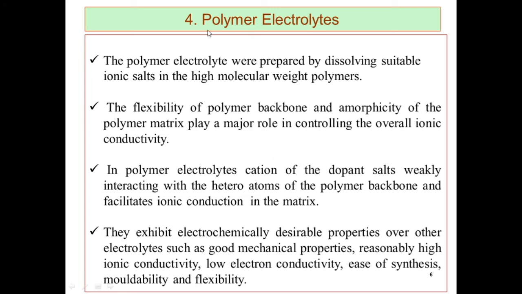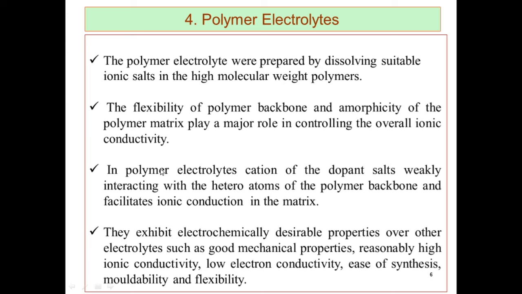The fourth case is the polymer electrolyte, which is a very important category. The polymer electrolyte is generally prepared by dissolving a suitable ionic salt in a high molecular weight polymer matrix. The flexibility of the polymer backbone and elasticity of the polymer matrix play an important role in controlling the overall conductivity of the system.